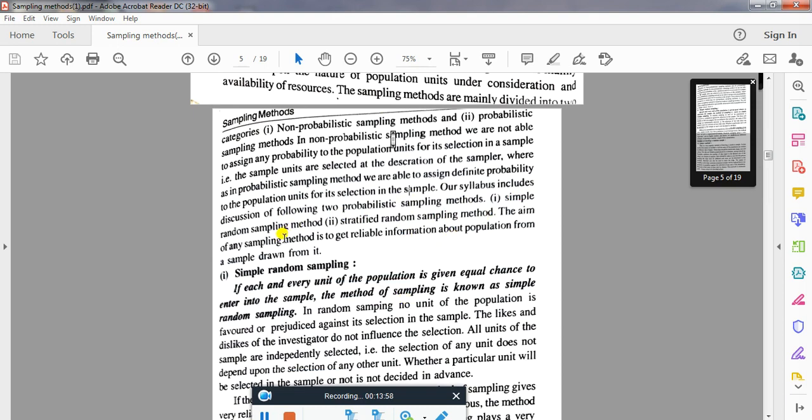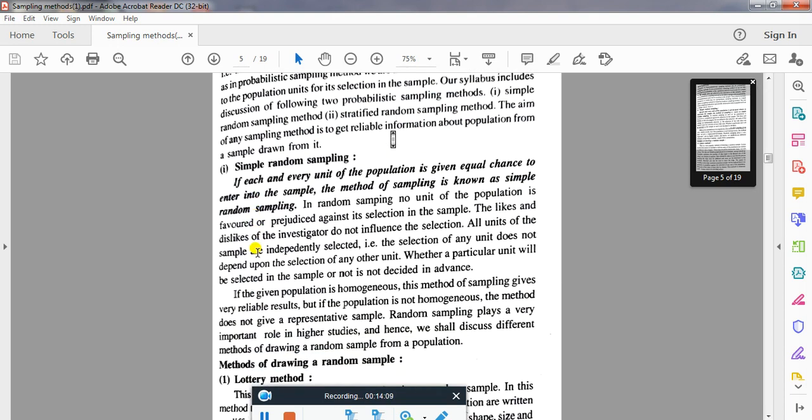The aim of any sampling method is to get reliable information about the population from the sample drawn from it. Whichever units you select from the population, the information of those units should be noted reliably. That is the way we are going in this process.